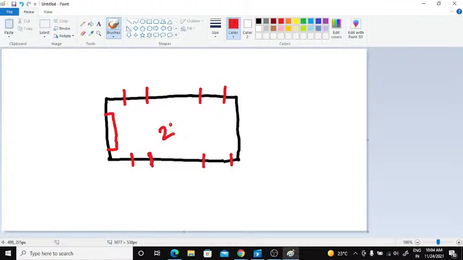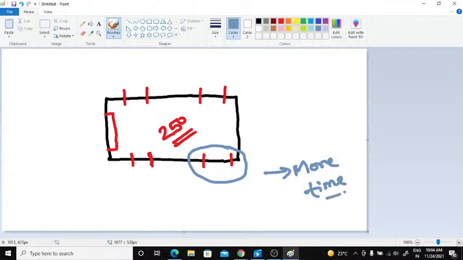If there are 250 people in the theater and there is only one door, then it takes more time to get inside or to get out of the theater.